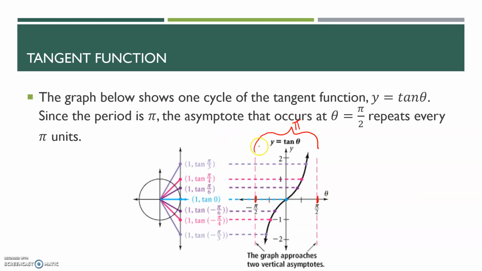The asymptote occurs at theta equals pi over 2. This is a vertical asymptote, and it repeats every pi units. So if I were to continue this graph, I could add another pi, which would make it 3 pi over 2, and I would have another instance of that graph repeating.